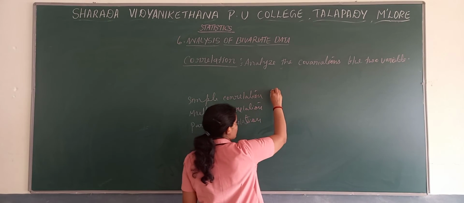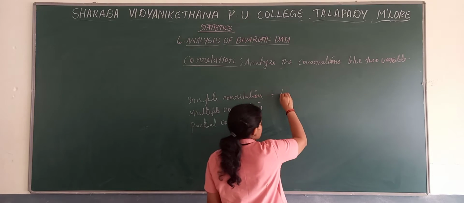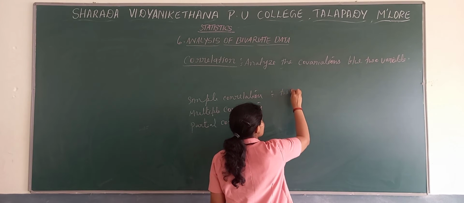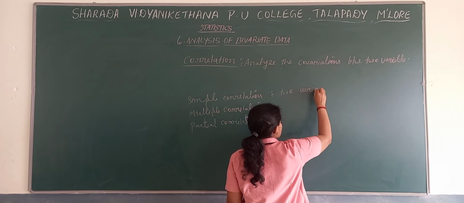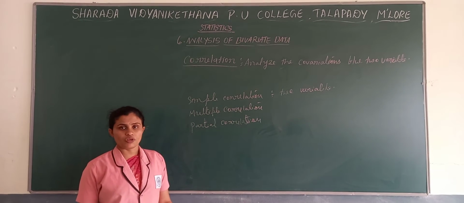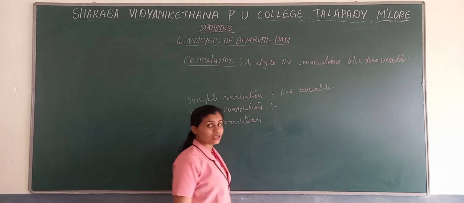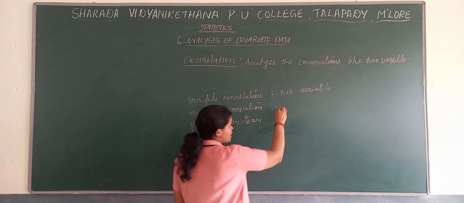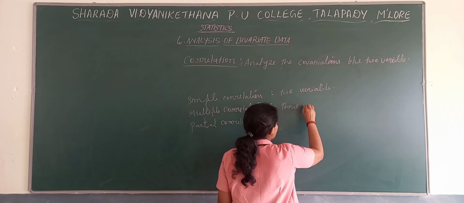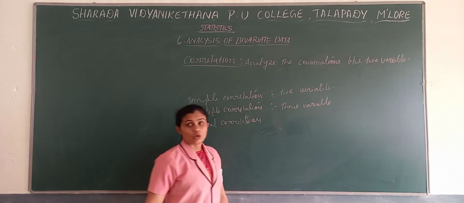Now, what is simple correlation? Simple correlation is where they take only two variables. The relationship between two variables, that we call simple correlation. Now multiple correlation. Multiple correlation means they study three variables, not two, more than two.